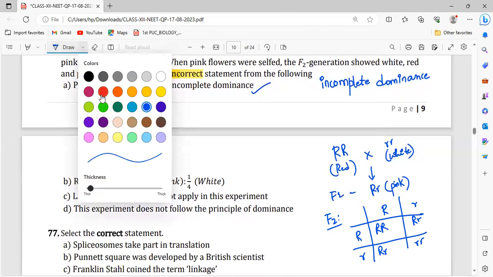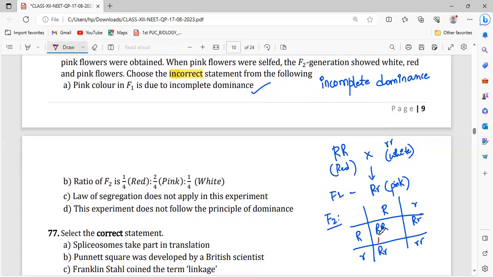And if we write the colors, capital R capital R will be red, heterozygous will be pink, and even this will be pink, and small r small r will be white. So here in B, they are saying F2 ratio, red is 1 out of 4, that is correct. 2 out of 4 is pink is correct. 1 out of 4 is white, that is also correct. So option B is correct.